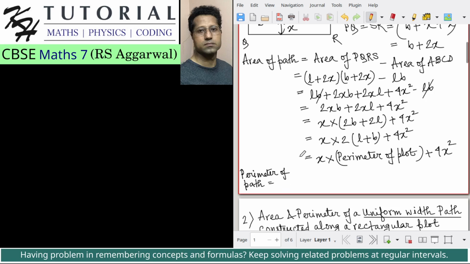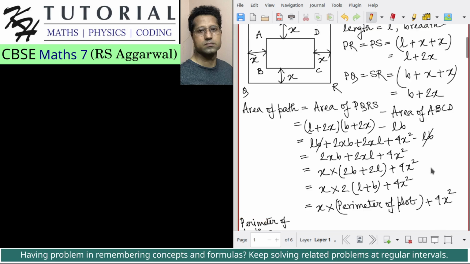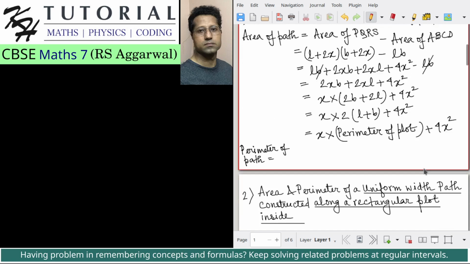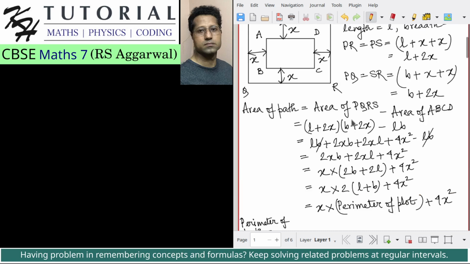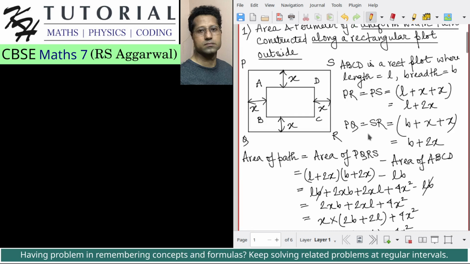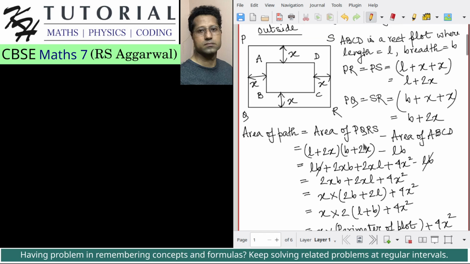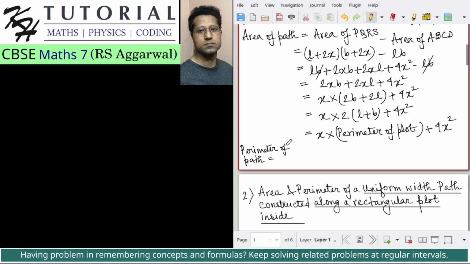So the perimeter of the path will be the perimeter of the outer boundary of the path, which is the perimeter of the rectangle PQRS, plus the perimeter of ABCD, that is the rectangular plot.